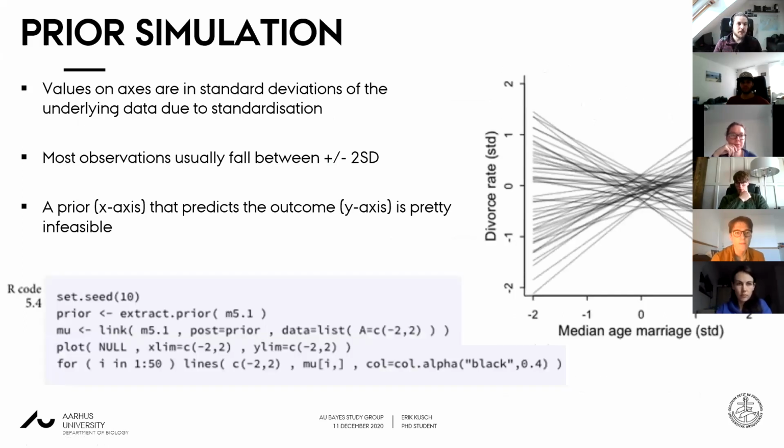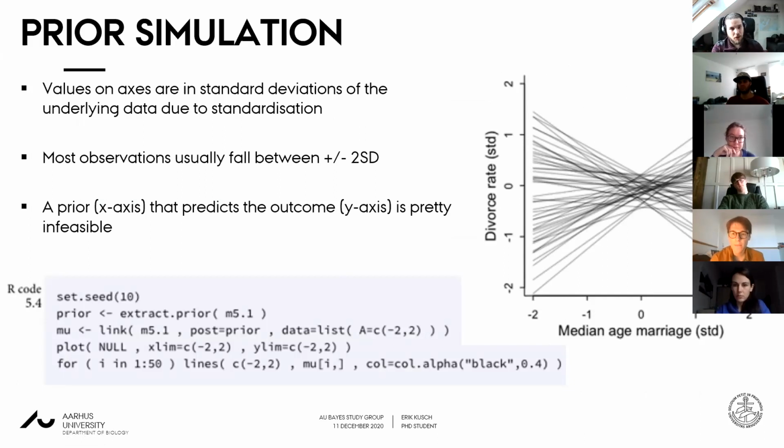So going into the prior simulation, again, the standardized stuff lets us interpret things a tiny bit differently when it comes to the prior predictive simulation. Because what we get here is that we have this Y space and the X space, and this is now expressed in magnitudes of standard deviation, so standard deviation of the raw data behind that parameter.